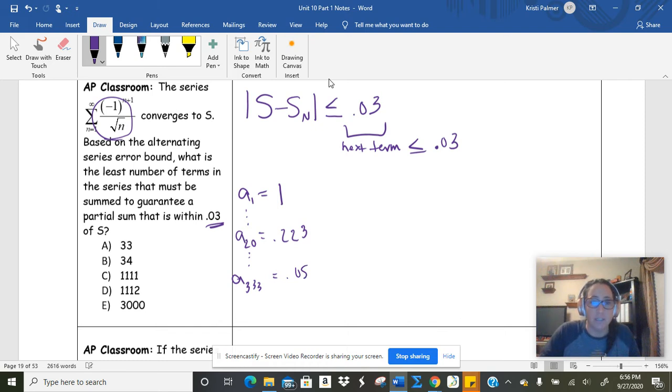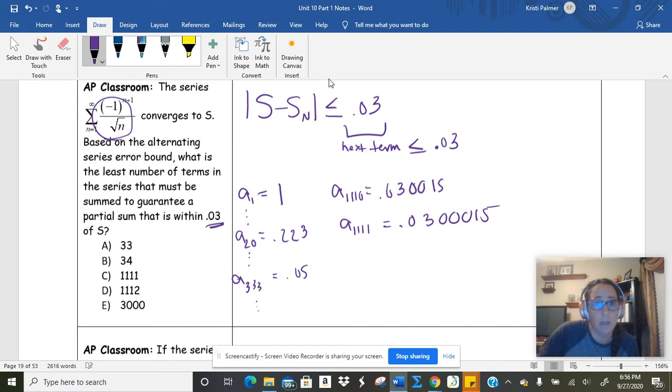I'm getting closer. So I jumped ahead again and I saw that the 1110, I just kept plugging some things in, was 0.030015. Okay, so we're really, really close. And then when I did the 111, I got 0.03000015, super close.